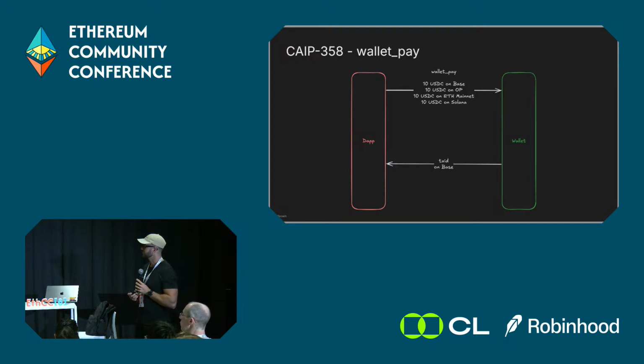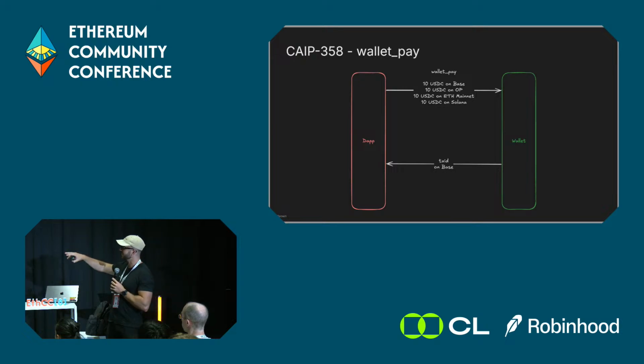And EIPs can also reference CAIPs. Doesn't really mean a lot, but in the Ethereum world and standards world, it means a lot that you can put up an EIP and just reference something else. And this standard is very simple on a technical layer, but once adopted, could be a really big deal because unlike Solana Pay and ERC-681, here the dApp can just send many tokens on many different networks.